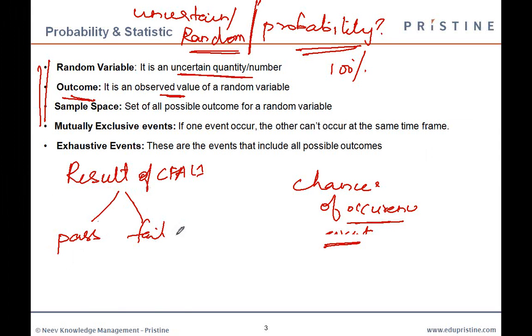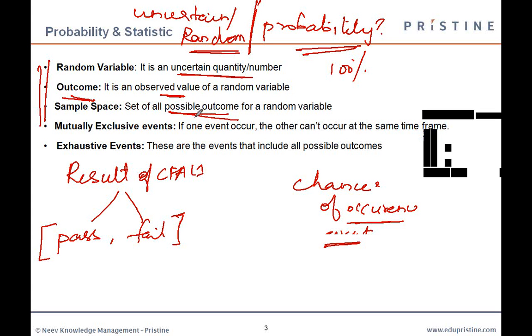Are there any other possible outcomes? Probably not. It's not that you're 50% pass or 30% fail, nothing like that, right? So the two outcomes, passing the exam and failing the exam, together are called the sample space. That is, these are the whole set of all possible outcomes for a random variable. Make sense?